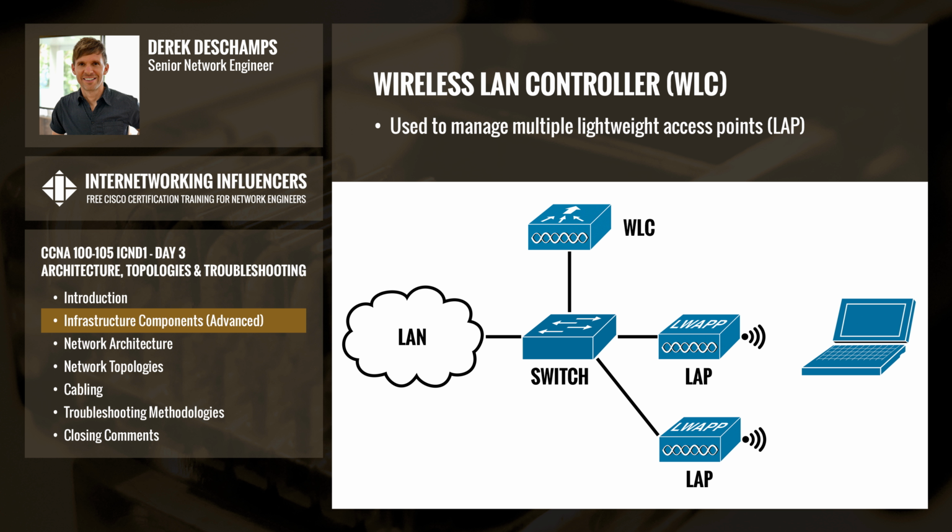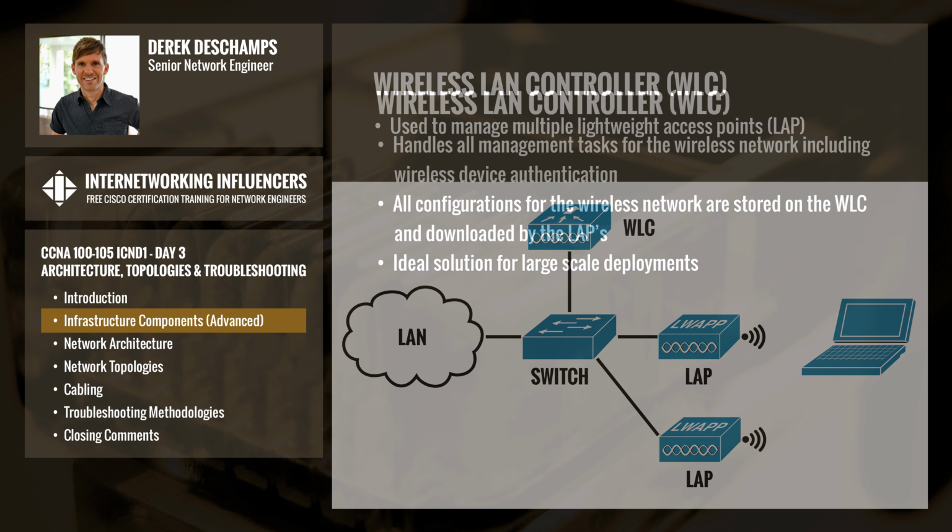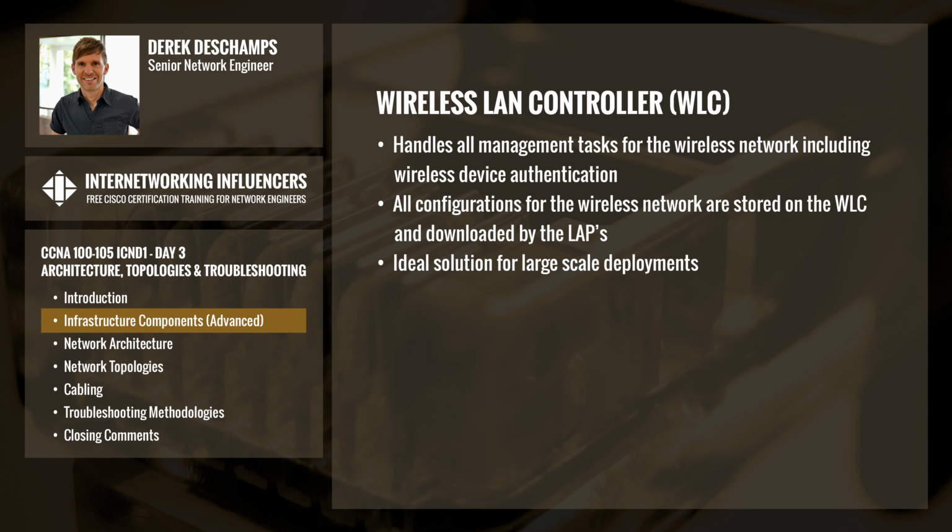A wireless LAN controller is used to manage multiple lightweight access points, or LAPs, from a central location. The wireless LAN controller handles all management tasks for the wireless network, including wireless device authentication. All configurations for the wireless network are stored on the wireless LAN controller and downloaded by the lightweight access points.